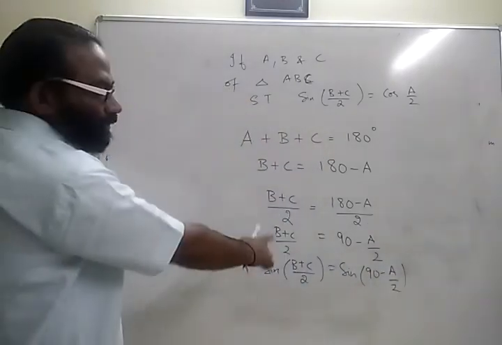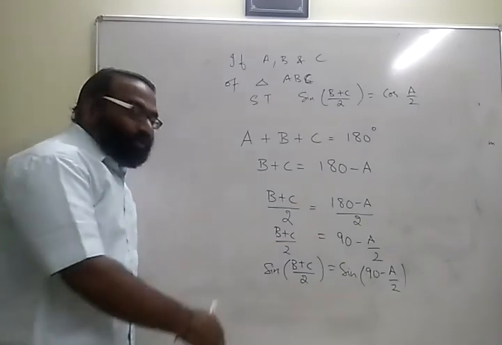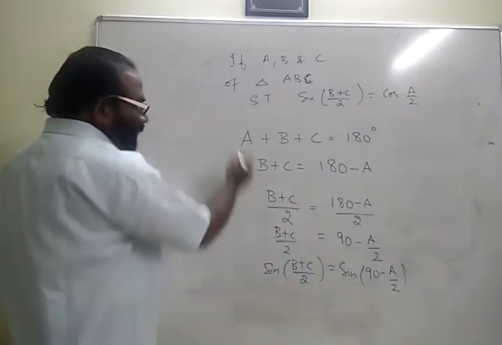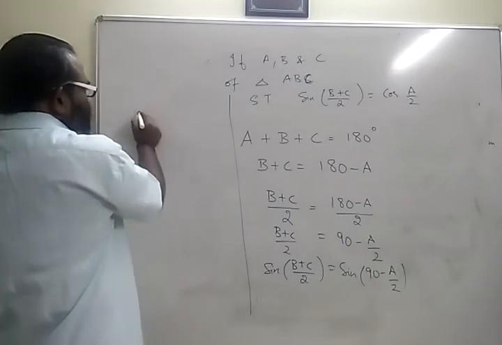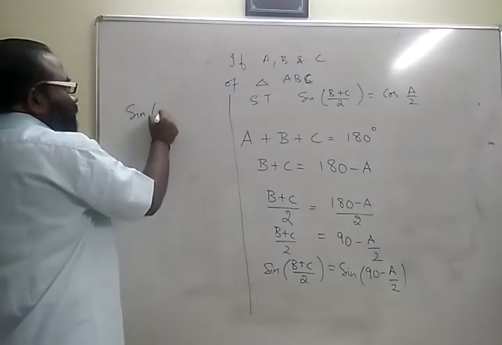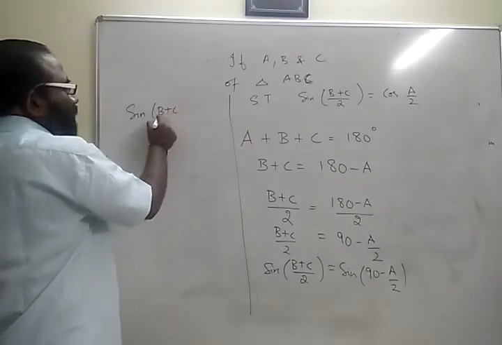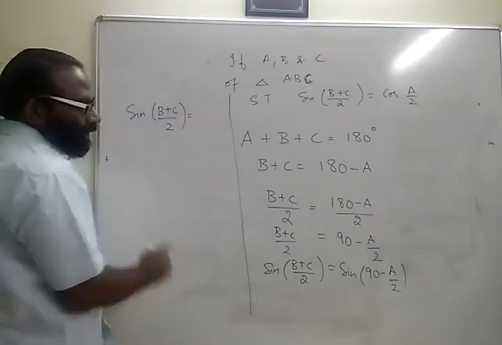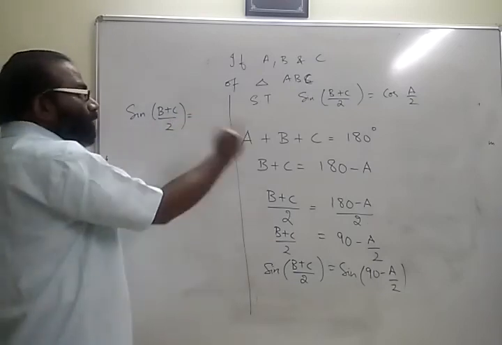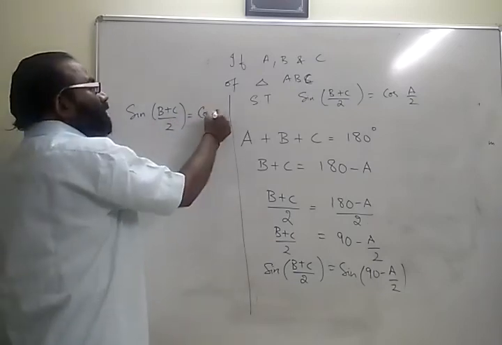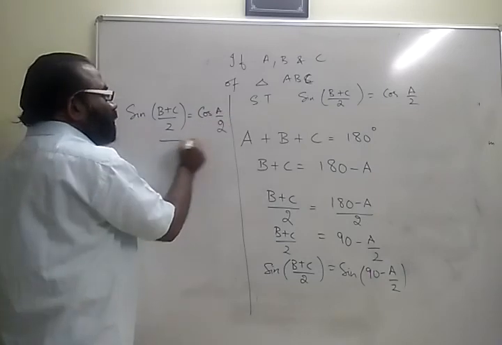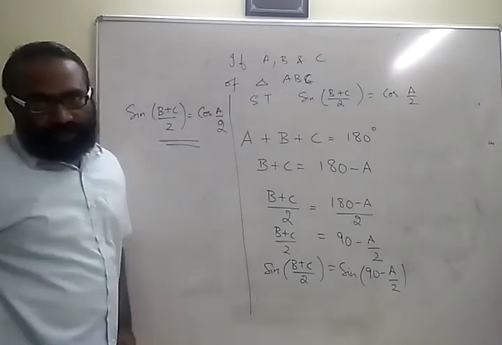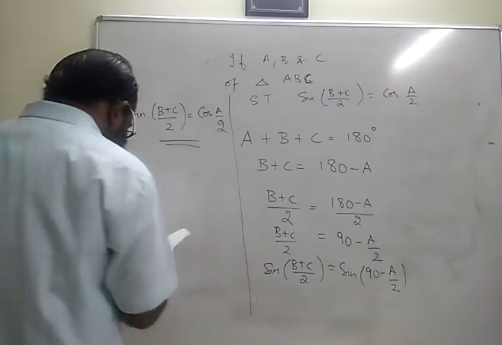And what do we know? Sine 90 minus theta should be equal to cos theta. So I am rewriting it as cos A by 2, which is exactly what is asked to be proved.